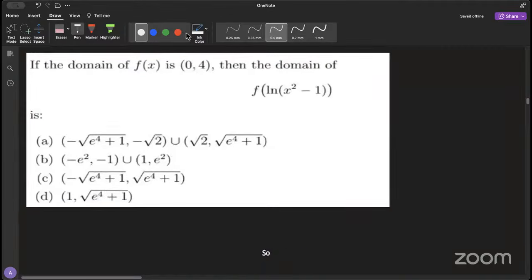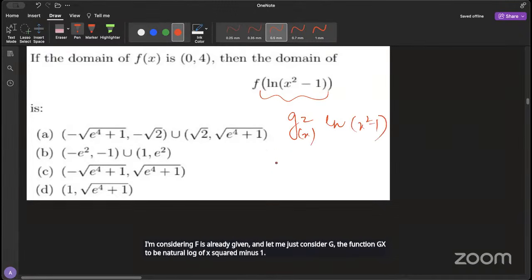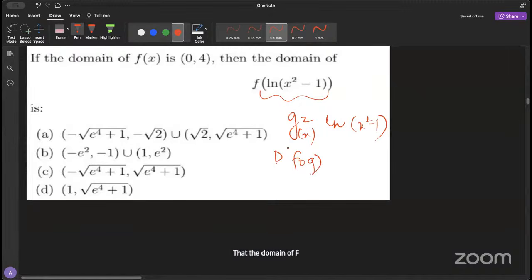So to find the domain of this, let's say, I'm considering f is already given, and let me just consider the function g(x) to be natural log of x square minus 1. Then the domain of f o g is what we're looking for.